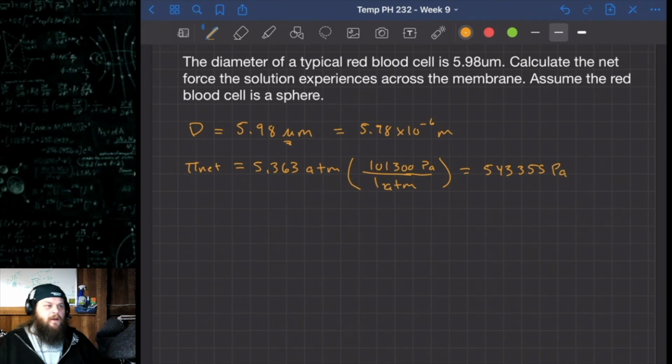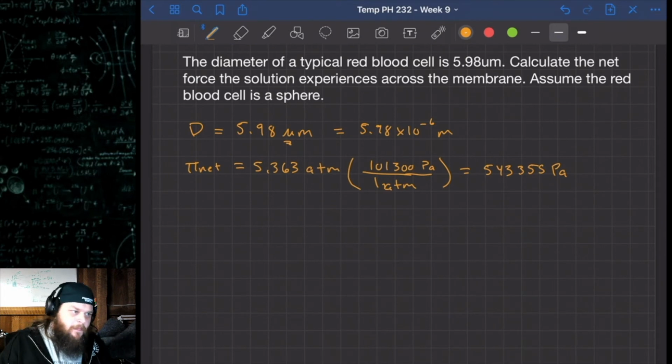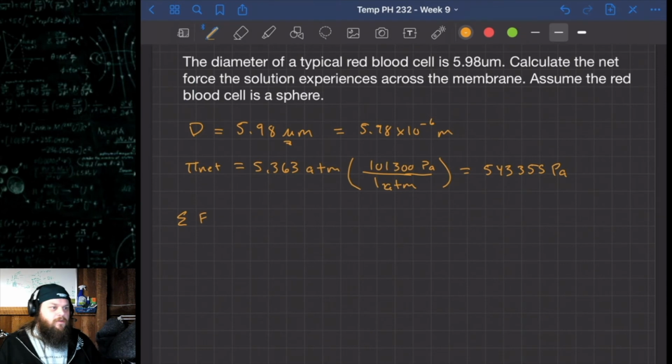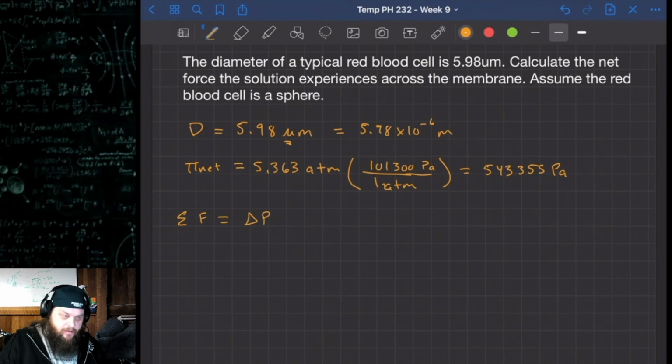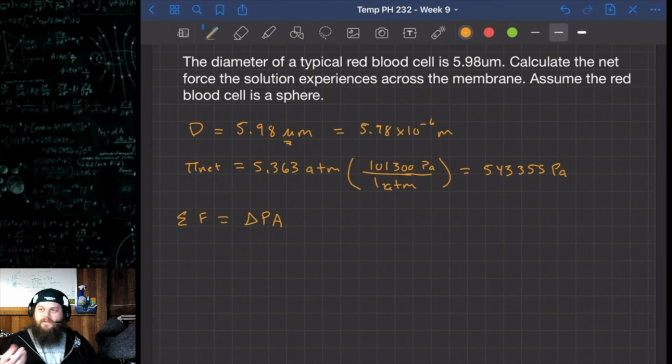And we want to find the force that's being exerted on those red blood cells. So, the sum of forces, the total force. We can calculate that by saying it's the pressure times the area, because pressure is equal to force per area.